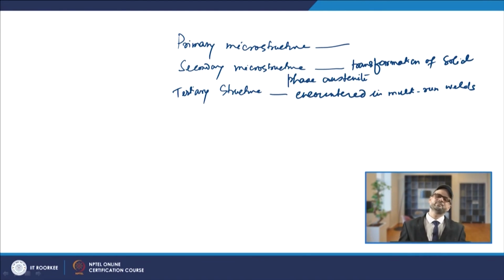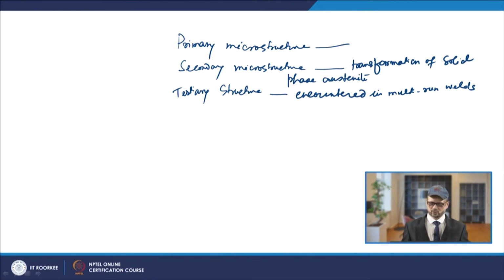Because of that, the previous run of the weld is further heated into the austenitic zone, and then products of different fineness will be formed, and that will affect the properties of the material. That is because of the normalizing effect, because the product which has been there is further subjected to some treatment. So, that way you have different types of structures of different fineness and different properties.